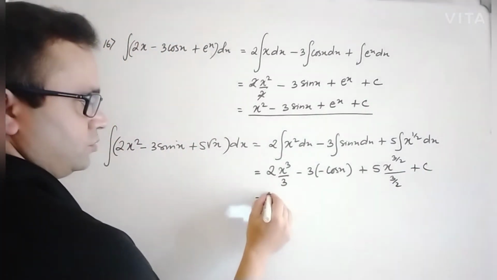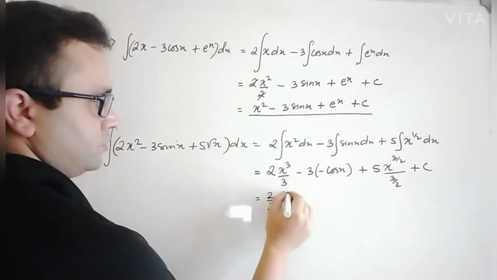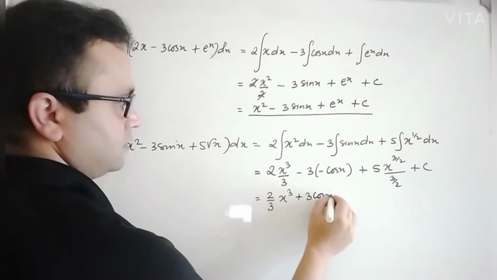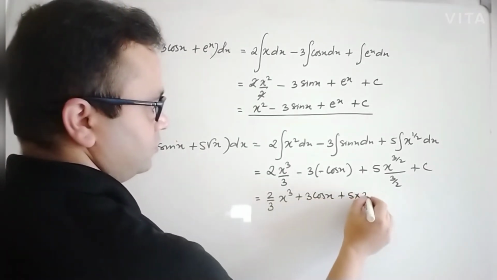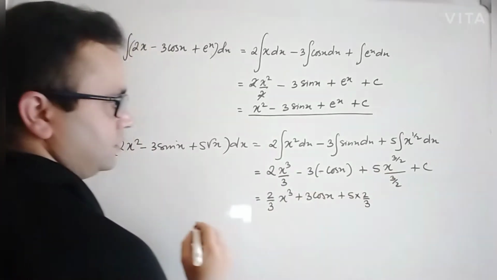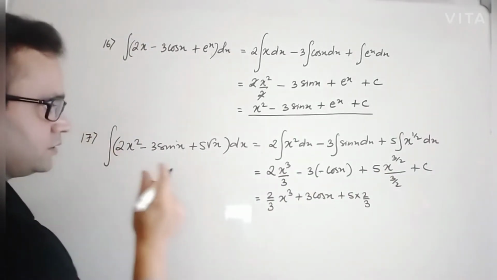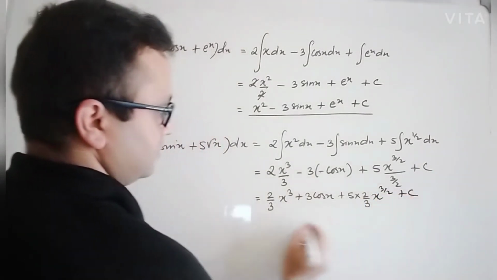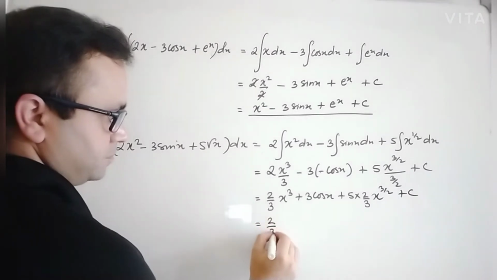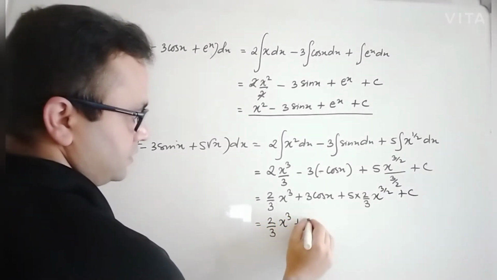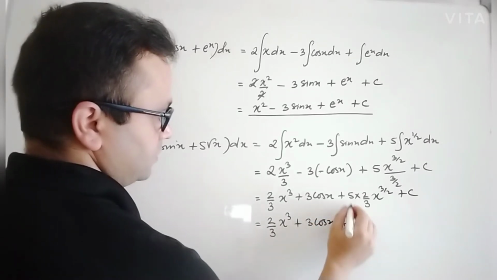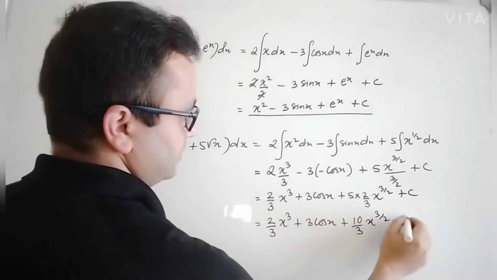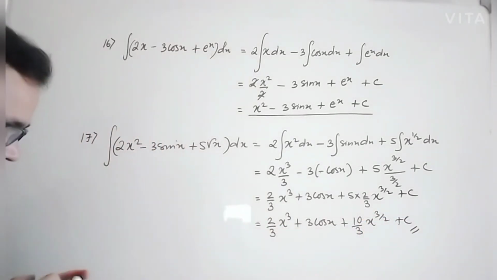So this equals 2 by 3 x cube, minus into minus is plus, 3 cos x, plus 5 into 2 by 3, taking the reciprocal of 3 by 2 and putting the multiplication sign, x to the power 3 by 2 plus c. So 2 by 3 x cube plus 3 cos x plus 5 into 2, which is 10 by 3, x to the power 3 by 2 plus c. This is for question number 17.